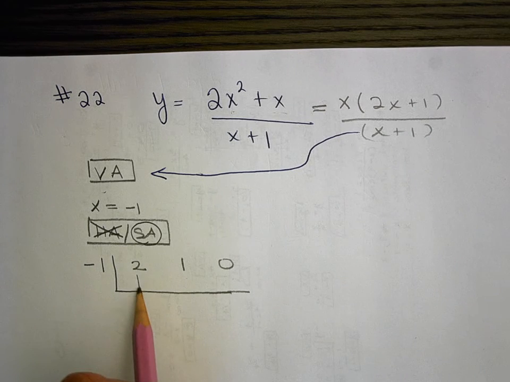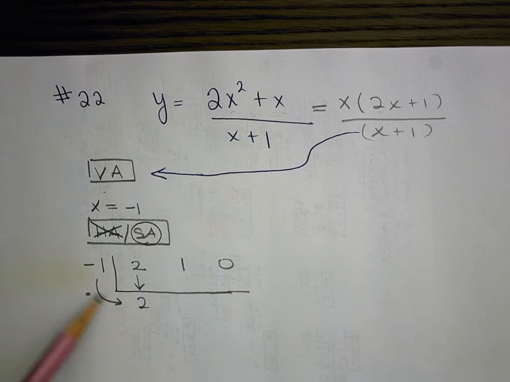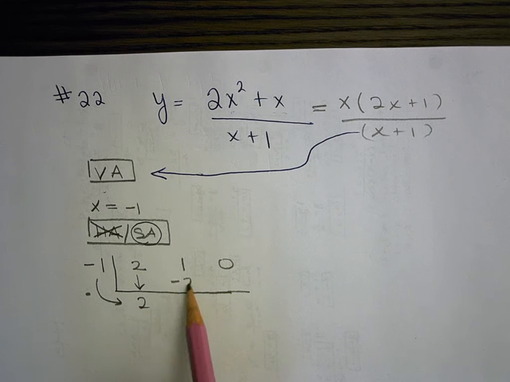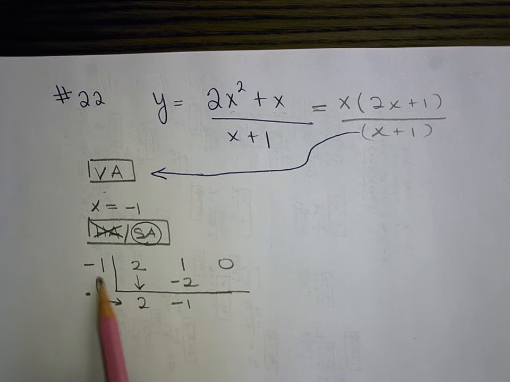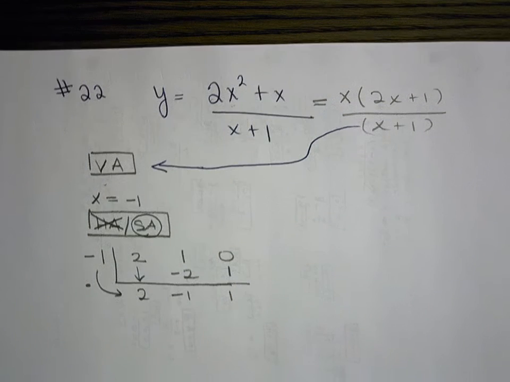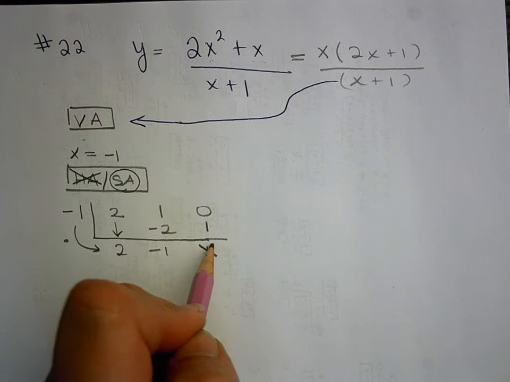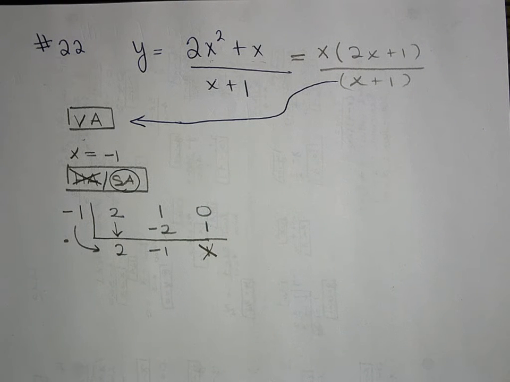Carry down the first number, and then multiply by your divisor's root. So -1 times 2, and then add going down. 1 plus -2 is -1, and then multiply by -1, and then 0 plus 1 is 1. And then throw out your remainder.